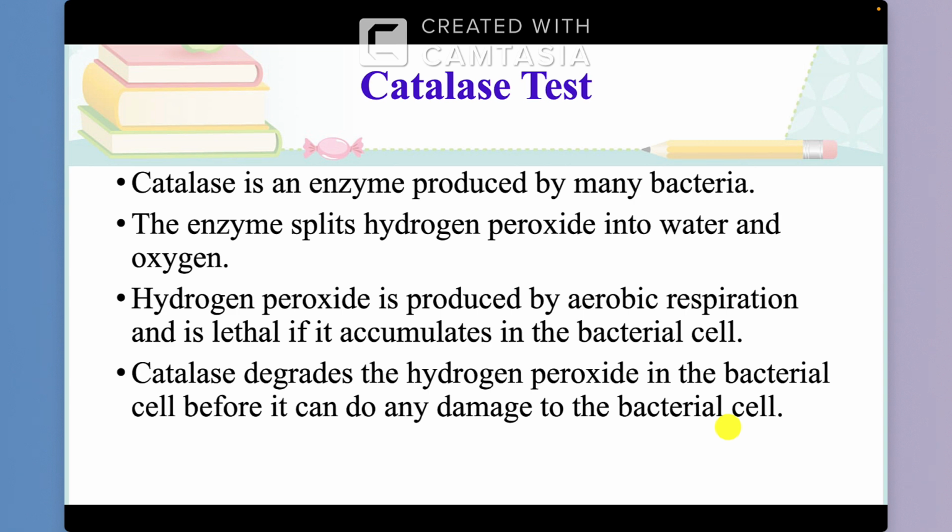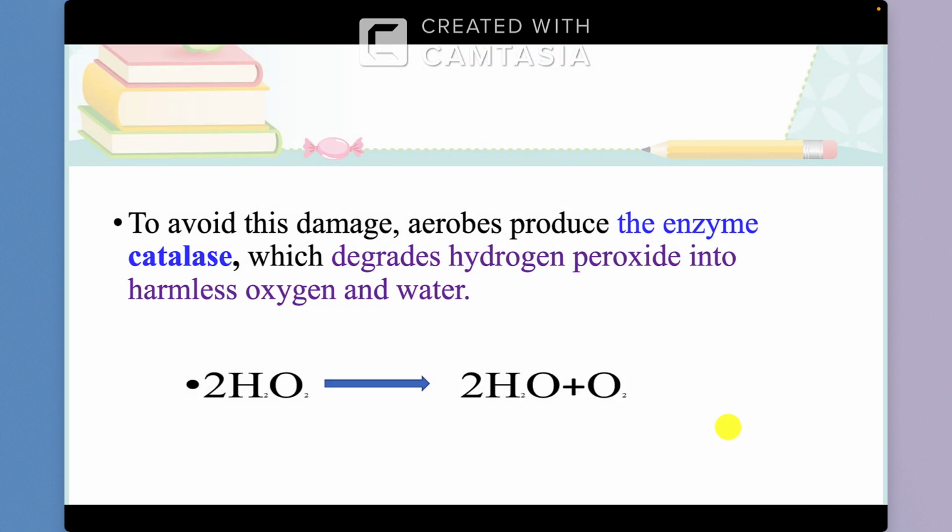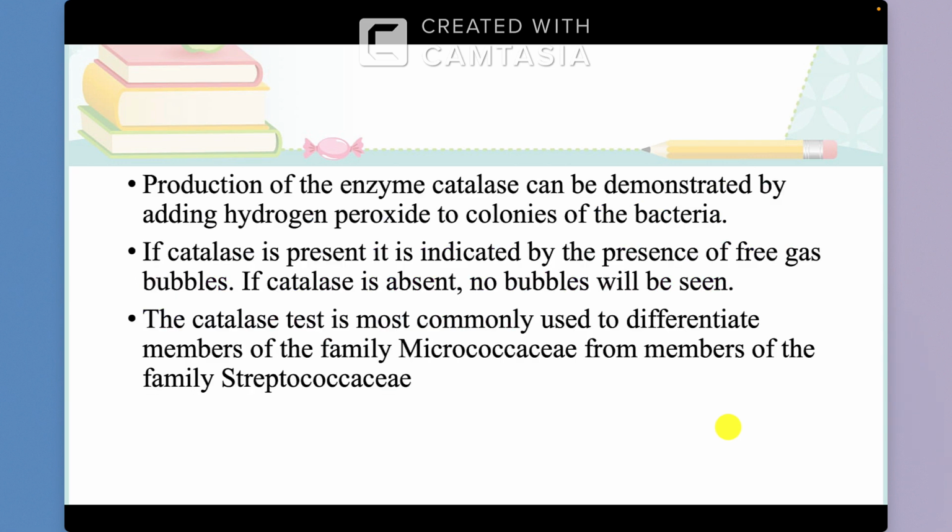Bacteria like Staphylococcus produce this enzyme to break down the hydrogen peroxide before it can injure the cell, giving water and oxygen.